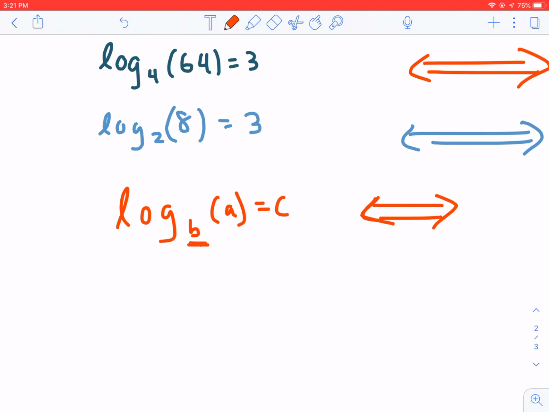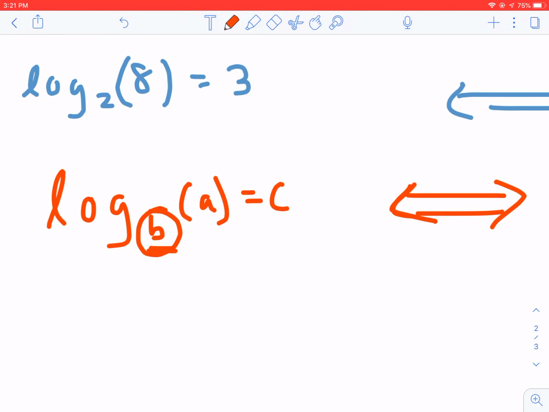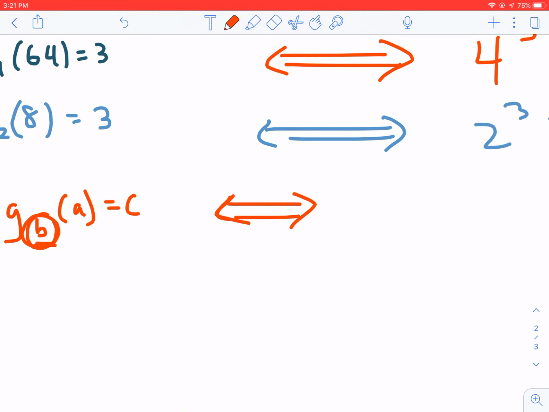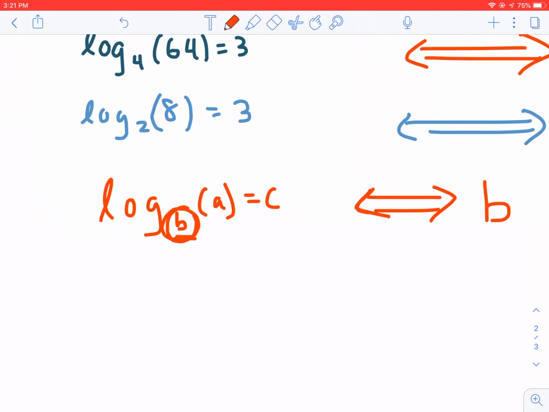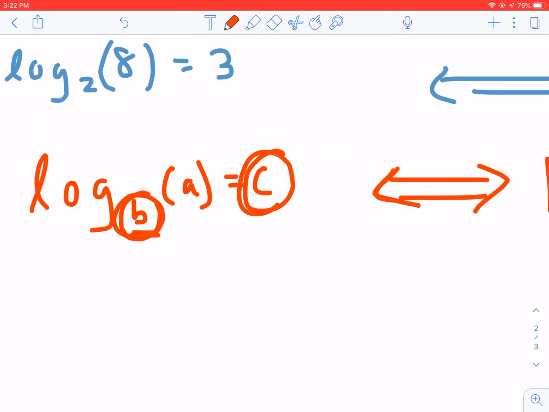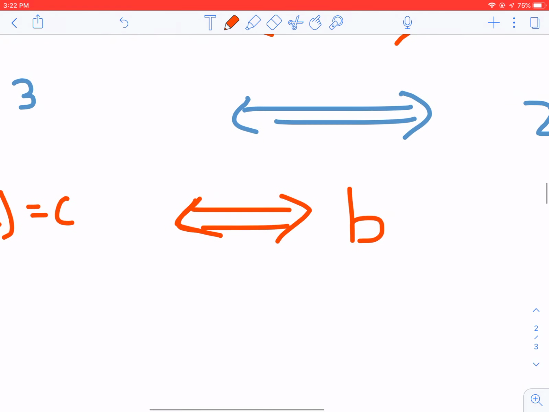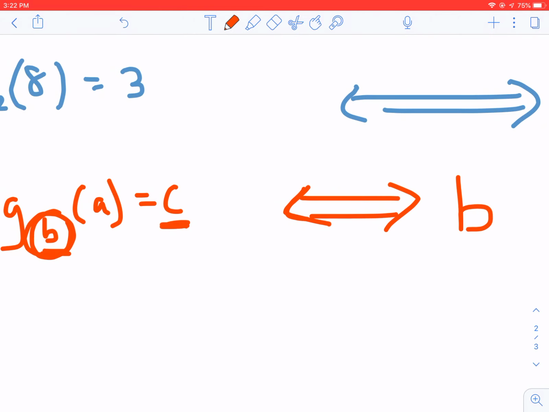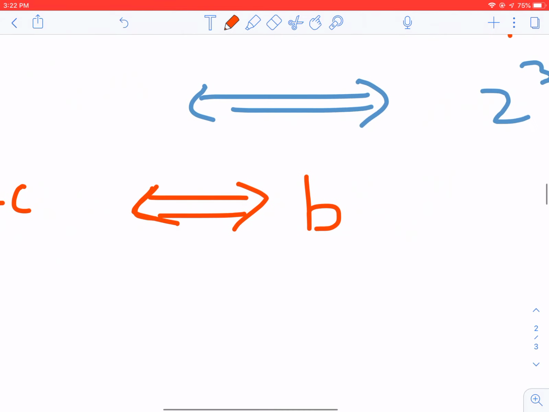To convert, it might be helpful to know that the base here is going to be the base of the exponent. This is the WhatPower function, so what it's equal to is the power, the exponent. So this is equal to c, so our exponent is c. So b to the c power is equal to a.